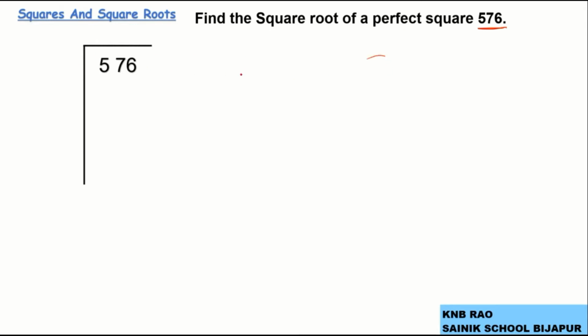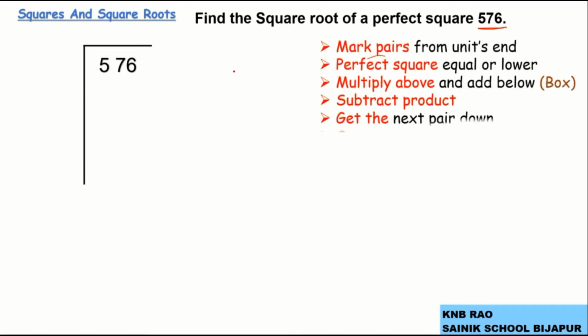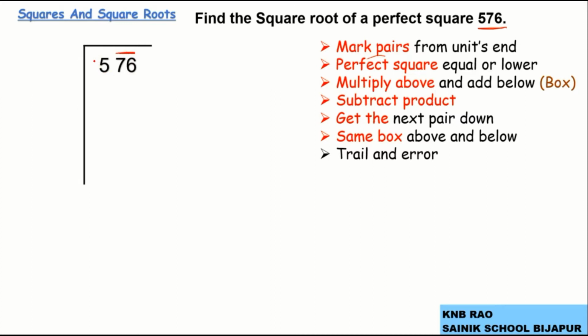Now students, try to observe while doing the first step, that is marking pairs from the units end. You know that this 76 becomes a pair and 5 doesn't have a pair. What should I do is your question. Students, very simple.